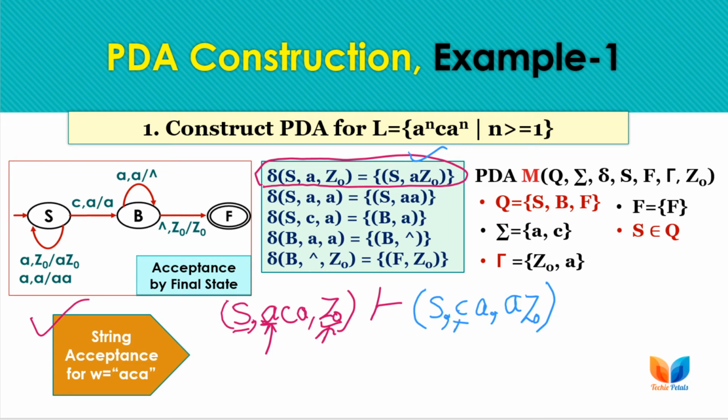Now we have to consider this C, and the present stack top is A and the present state is S. So these three symbols are forming this combination, meaning from S for C as an input symbol and A as a stack top, we are moving to B. So the next ID will have B as the present state, and as we have already considered C, we will not write C anymore; the remaining input is A only, and the present stack symbol is A. We are moving from S to B but leaving the same stack top, meaning we are replacing A with A at the stack top.